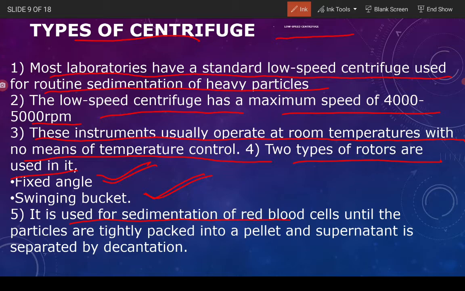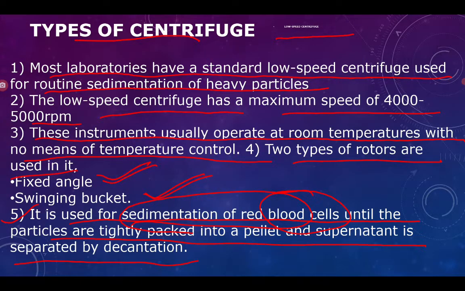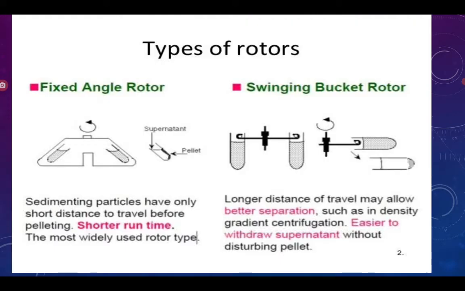It is used for sedimentation of red blood cells until the particles are tightly packed into a pellet and the supernatant is separated by decantation. So this is an example in which a low speed centrifugation machine could be used for sedimentation of red blood cells, right? So let's see what fixed angle and swinging bucket rotors are.